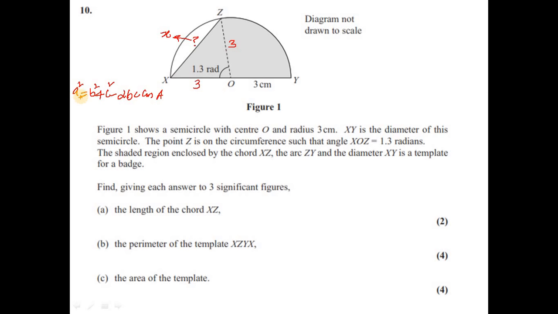So I'm using the similar formula. x squared, the required side, is equal to 3 squared plus 3 squared minus 2 times 3 into 3 cos of 1.3. Remember, the angle is given in radians, so before calculating these values in your calculator, make sure that you change your mode to radian.